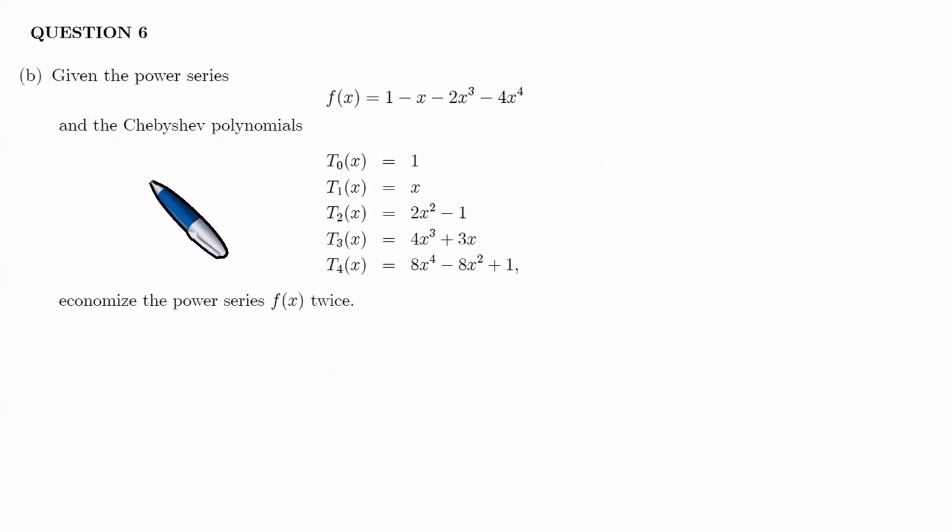T0x is 1, T1x, which is x, T2x, T3x, T4x. So economize the power series twice.